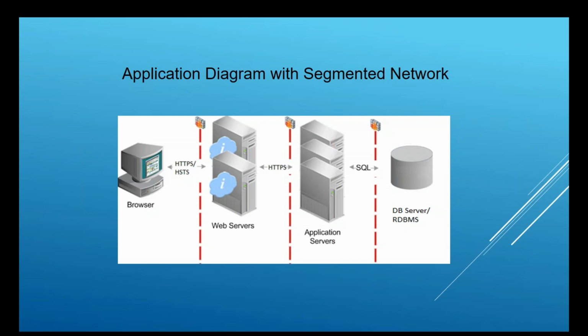So this would harden the inside of your network. Whereas if we just had one firewall out there, we have hardening on the outside, but the inside is soft and gooey, much like an egg. So this is a simple application diagram with a segmented network.